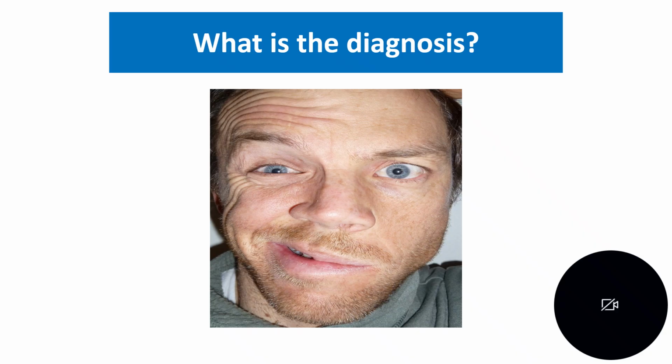And the answer is the inability to wrinkle the forehead on the affected side tells you this is more likely to be Bell's palsy, which is a lower motor neuron lesion of the facial nerve, as opposed to a cerebrovascular accident, which would be an upper motor neuron lesion. And in an upper motor neuron lesion, the patient will be able to wrinkle the forehead on the affected side.